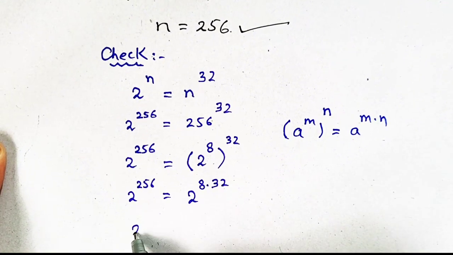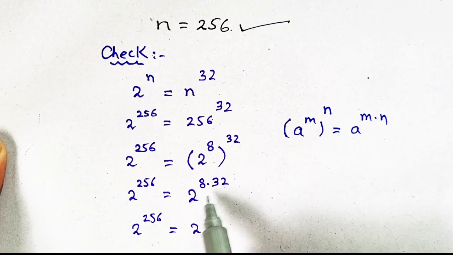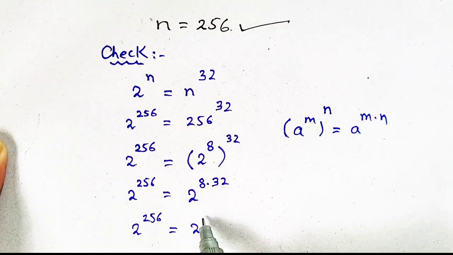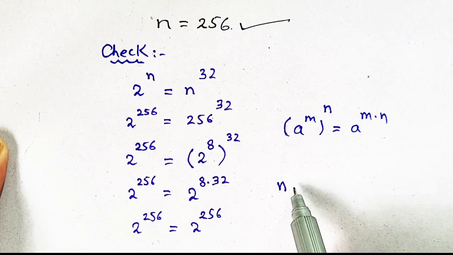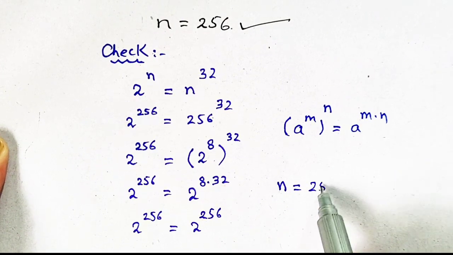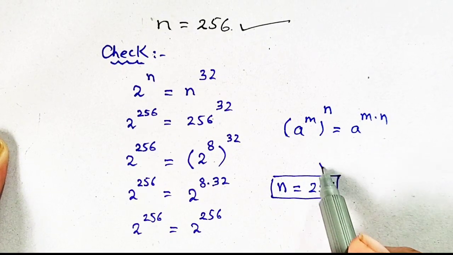Now 2 power 256 is equal to 2 power, if we multiply these two numbers we will get 256. So it means n will be equal to 256. That is our required answer.